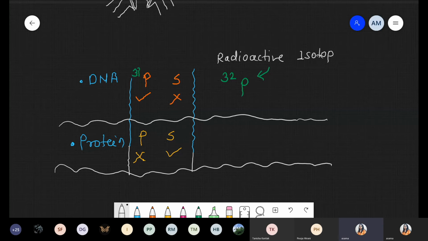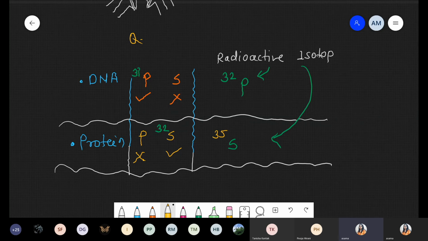Now, when we are talking about sulfur, S32 is the normal form of the sulfur, but purposefully, scientists Hershey and Chase prepared the radioactive isotope of sulfur, and now that sulfur does not have atomic mass 32, it becomes 35.